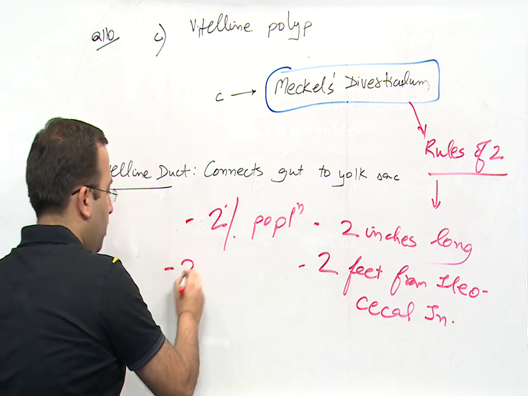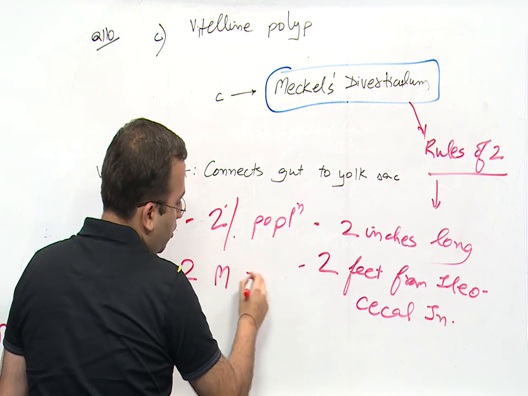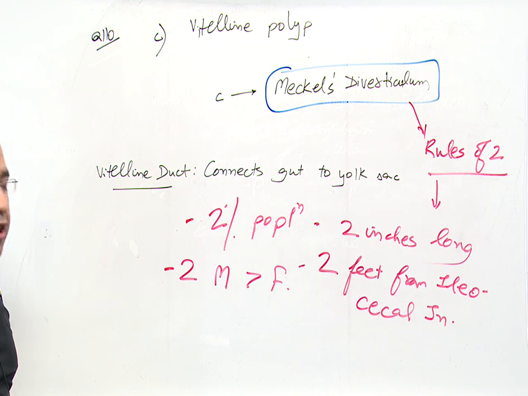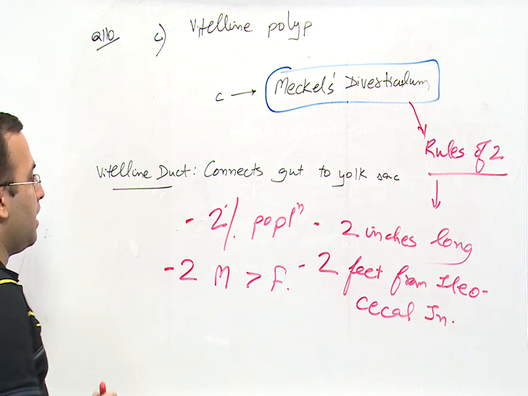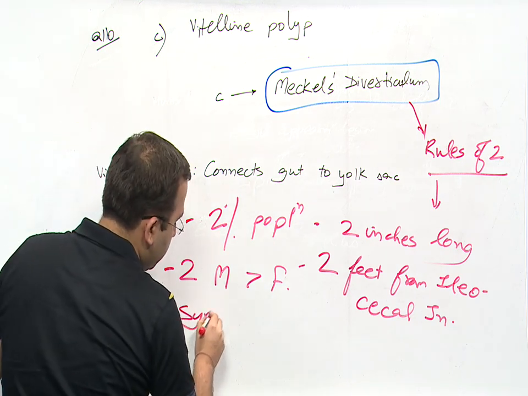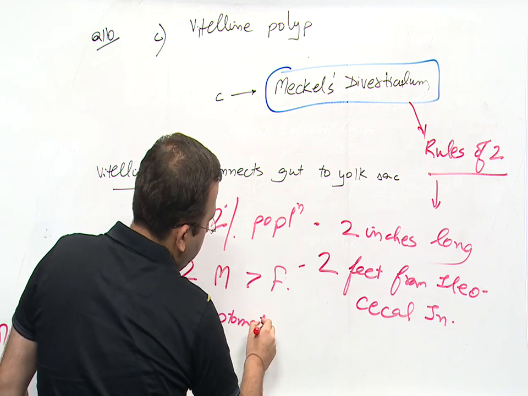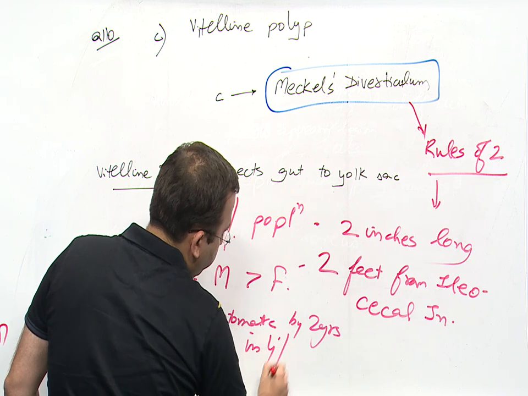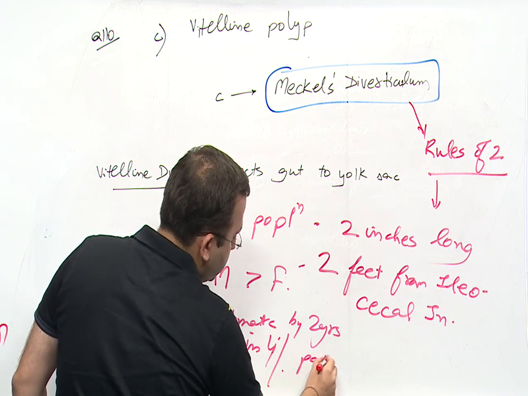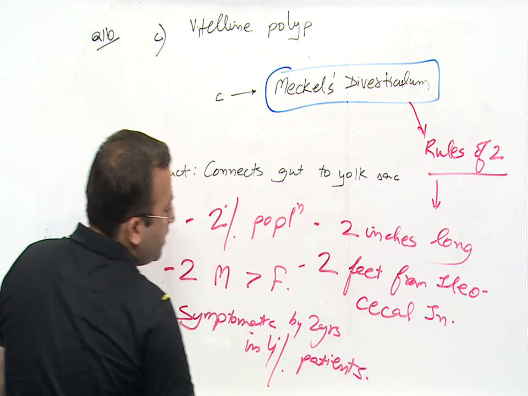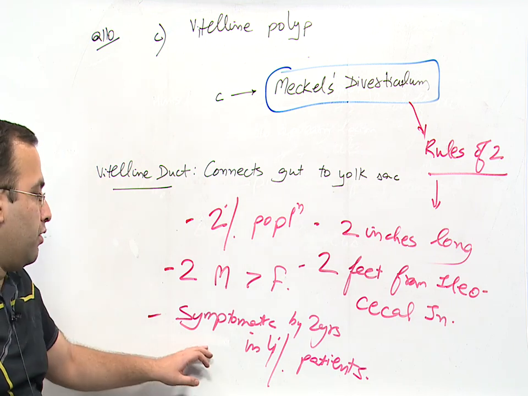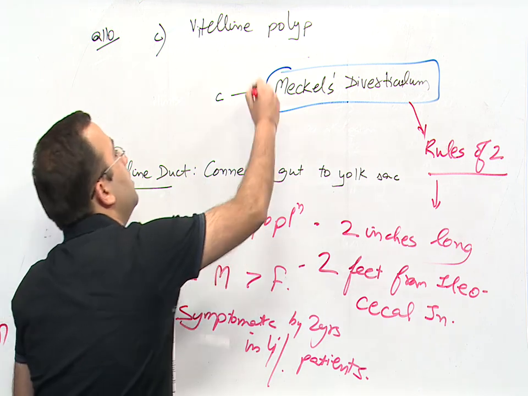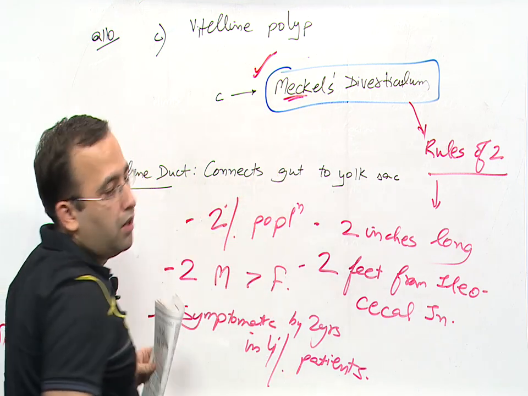It is twice more common in males than females. And it is symptomatic by the age of 2 years in 4% of the patients. This is Meckel's diverticulum.